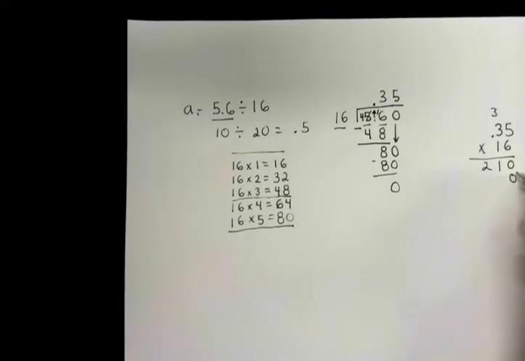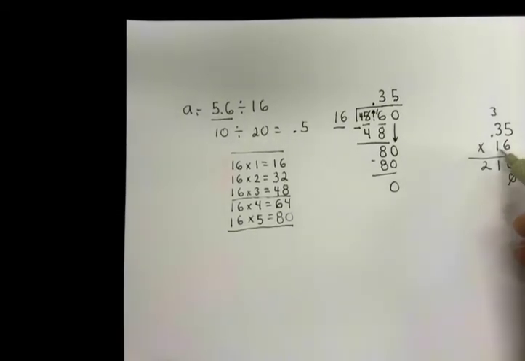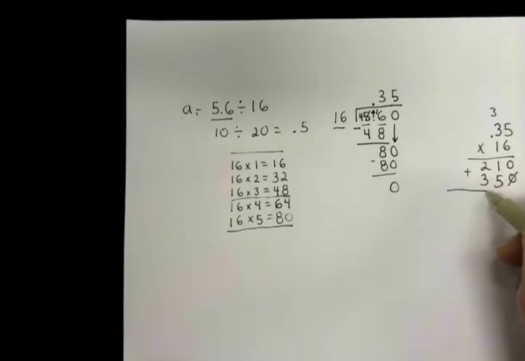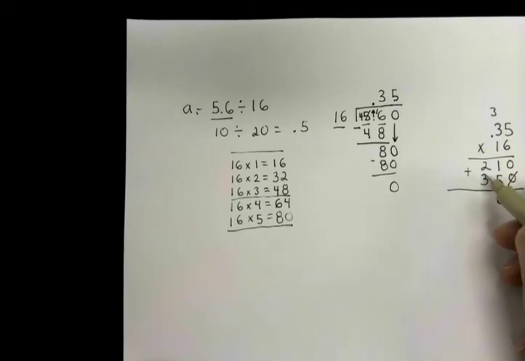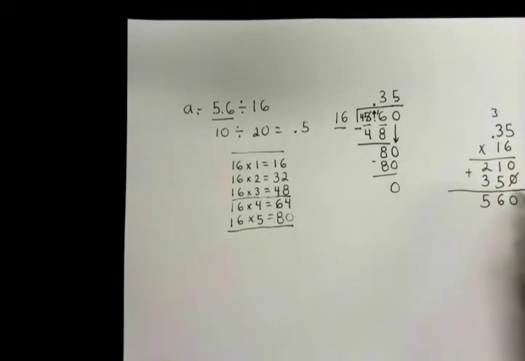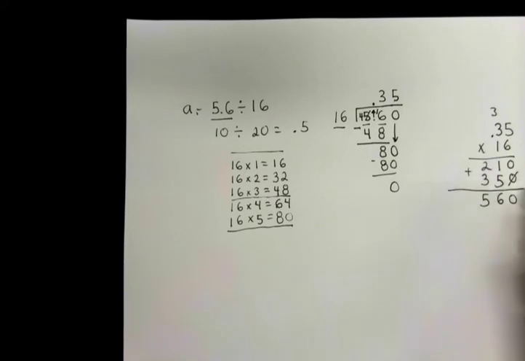And then you put the place value holder for the tens place. So 1 times 5 is 5. 1 times 3 is 3. Then you add the partial products. 0, 5 plus 1 is 6, 3 plus 2 is 5. And then remember, you put the decimal point at 2 places, so it's 5.60.